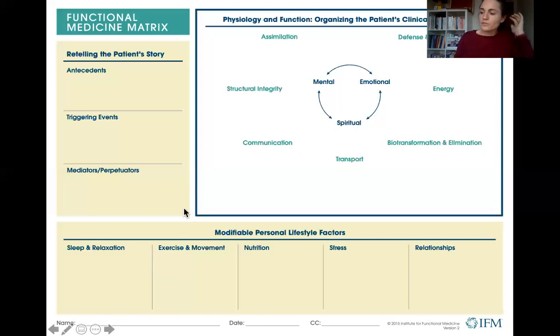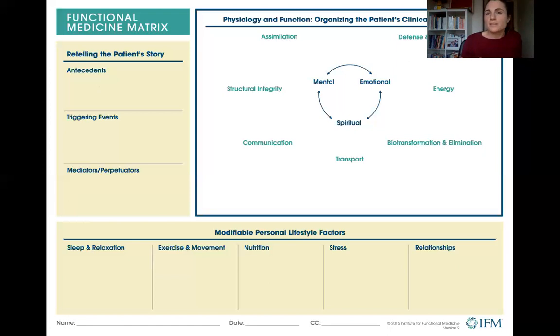What IFM also do is they have these 3 terms that they use. They're called antecedents, triggers, and mediators. Antecedents are imbalances or genetic predispositions that contribute to the development of a disease. And they can be innate or acquired, so either you come into life with them or you acquire them afterwards.